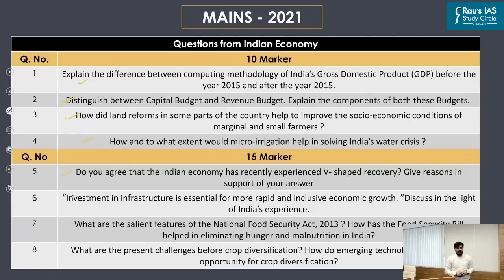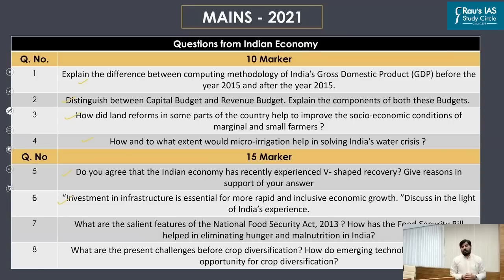investment in infrastructure is critical to pursue high GDP growth rate and have inclusive growth. Two reasons as to why this question was asked. First and foremost, in your syllabus, you have a separate topic of infrastructure. Secondly, as you know, the government has been giving a lot of push to the creation of infrastructure in India.